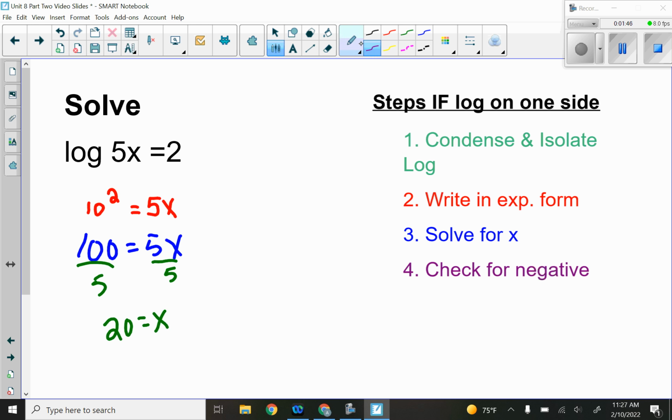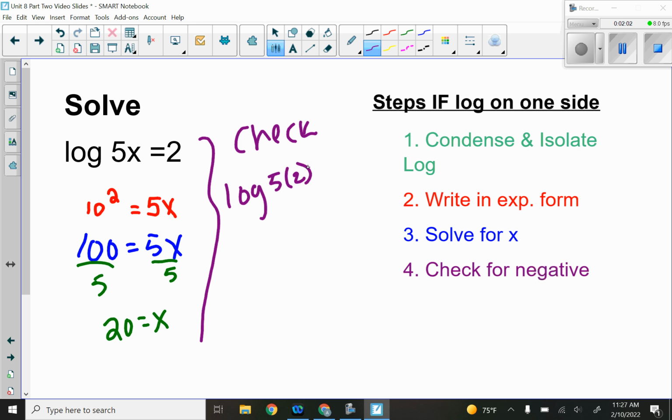Now we do need to check for extraneous solutions, and I have checked for negative because we want to make sure when we plug that in, log of 5 times 20 equals 2, that you cannot take the log of a negative.